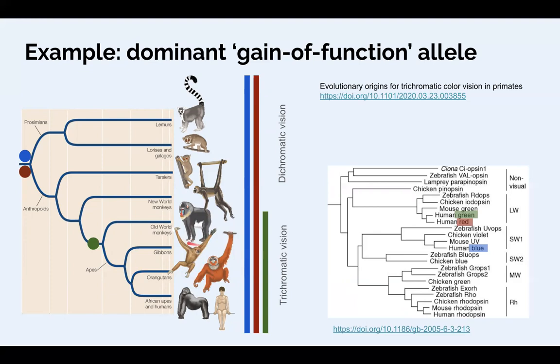So the ancestor of those groups, way back at the ancestor of apes and old world monkeys, had that gene duplication that gave them the green vision, which gives 3-color vision. Thank goodness for that. We can see 3 colors and perceive a lot richer range of colors as a result of duplicating a gene and having the 2 copies diverge into what we have now as red and green colors.